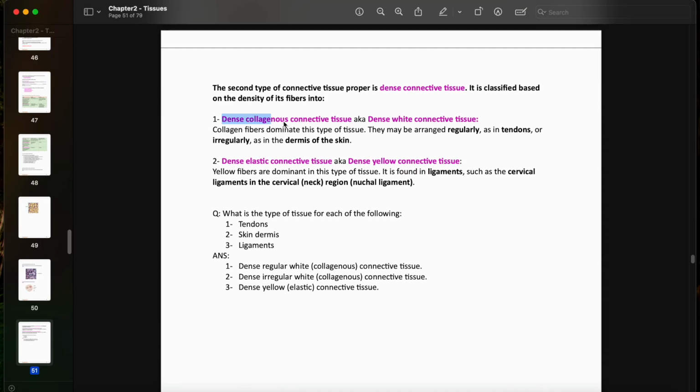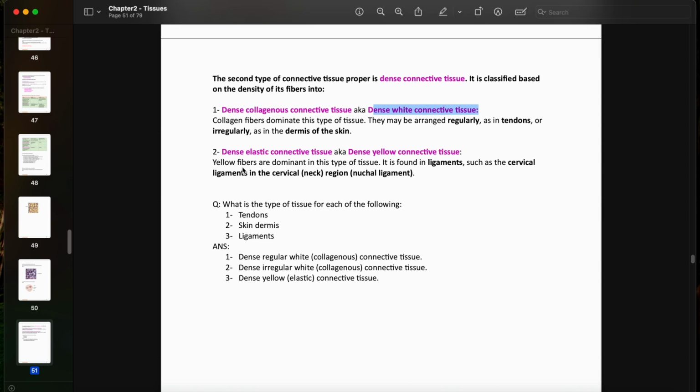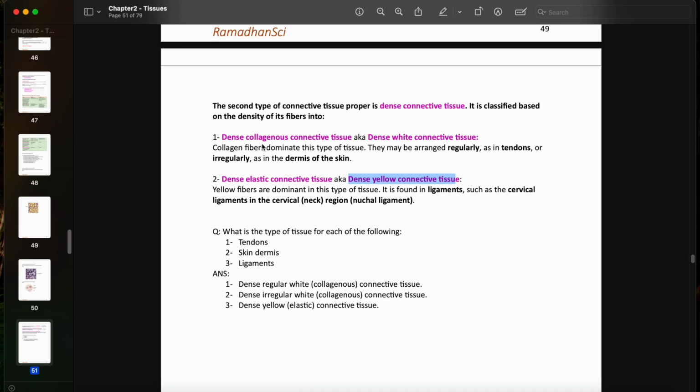So of course we're going to have dense collagenous connective tissue, aka dense white connective tissue, and we're going to have the dense elastic connective tissue, aka the dense yellow connective tissue. In the dense collagenous, or dense white, the collagen fibers dominate this type of tissue. They may be arranged regularly, as in tendons, or irregularly, as in the dermis of the skin.